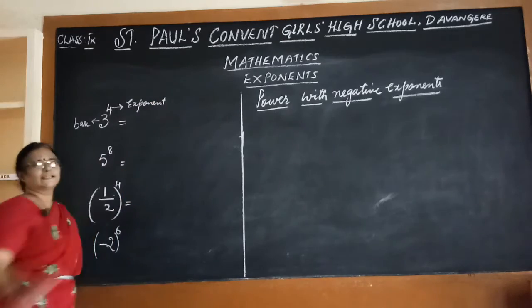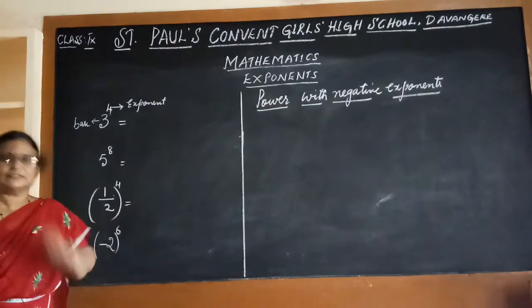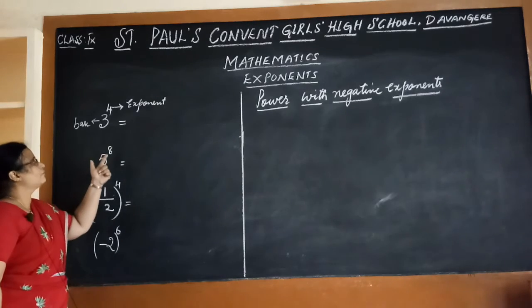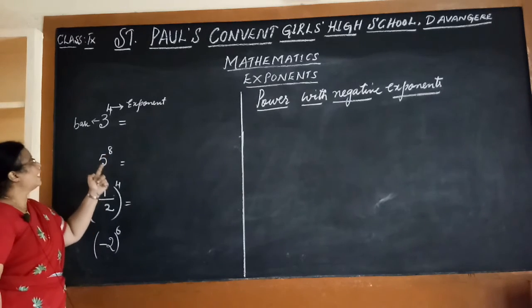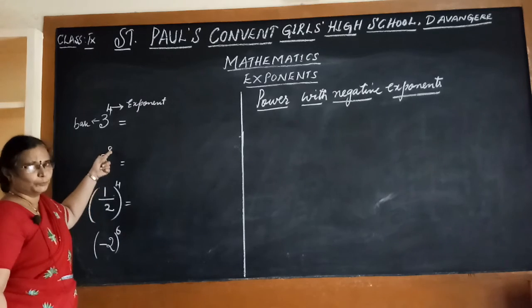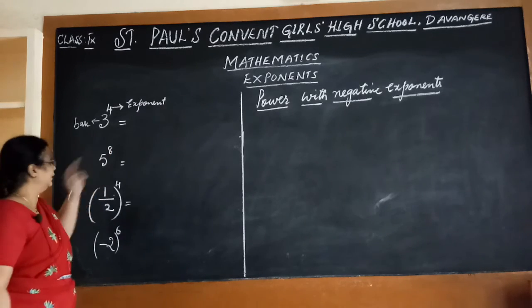You can call it exponent, index, or power of the number. In 5 to the power of 8, 5 is the base and 8 is the exponent or the power or the index.